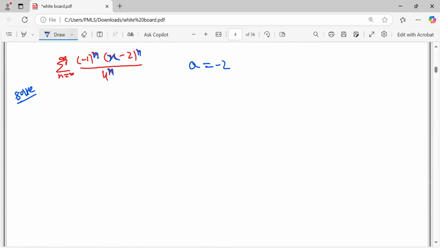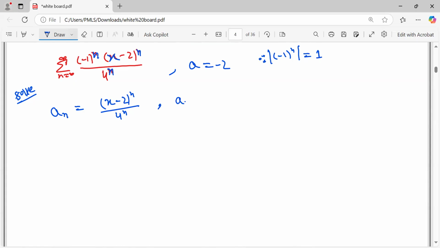After this, to find the interval of convergence, we will use the ratio test. We know that a n will be equal to x minus 2 raised to the power n over 4 raised to the power n, and I am ignoring minus 1 raised to the power n because when we apply the mod on it, it will be equal to 1. So there is no issue if you ignore it.